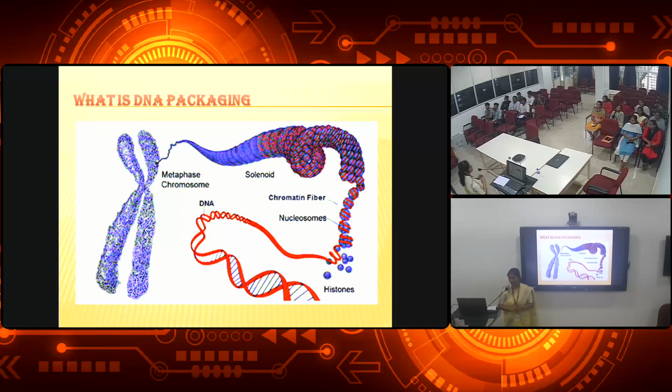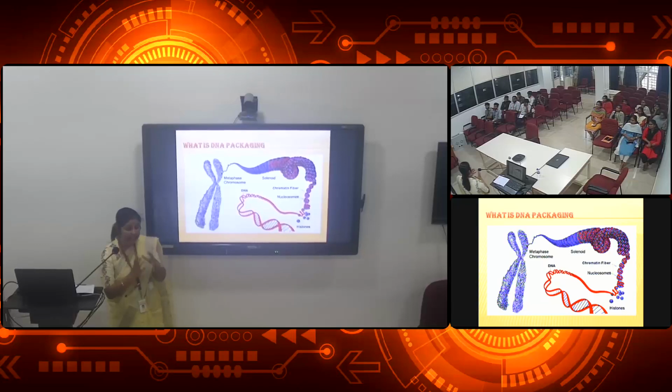That's why the DNA is present in a packaged manner inside the nucleus. Understand? In a haploid genome, the length of the DNA is 3 meters.